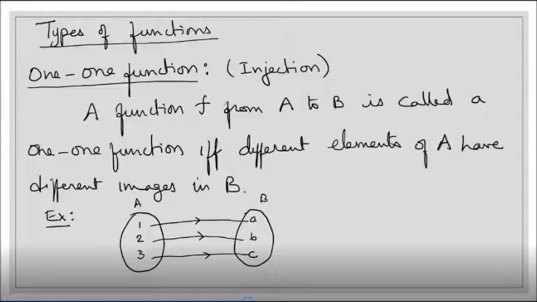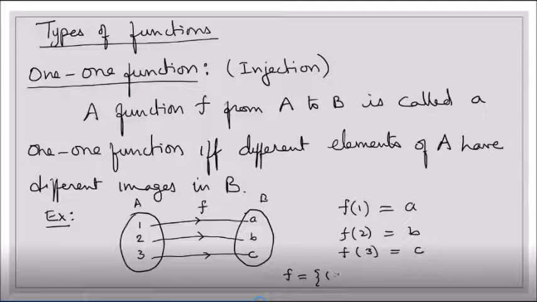If you see this example, then you can directly say f of 1 is a, f of 2 is b, f of 3 is c. Now all the objects 1, 2, 3 have different images a, b, c. So this function is an example of a one-to-one function, or it is also called an injective function.